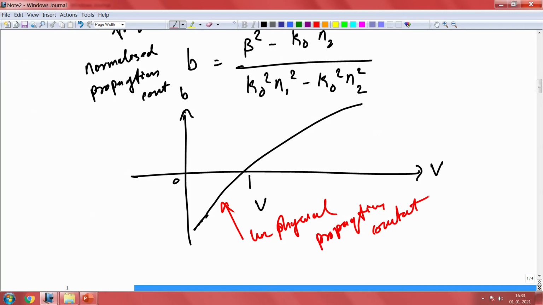So this is not good for us, because below a certain V, this particular technique is not giving us the right kind of solution. So what to do, right?